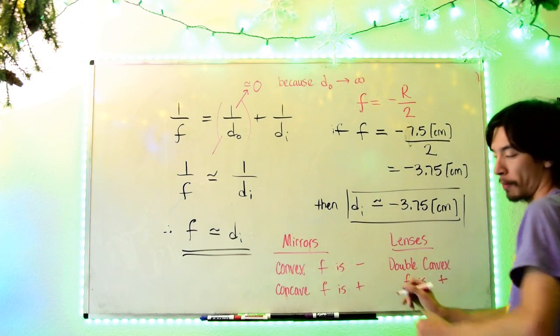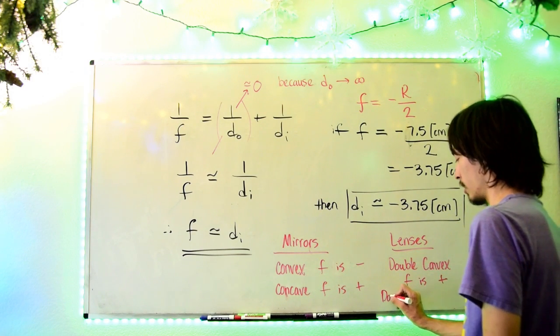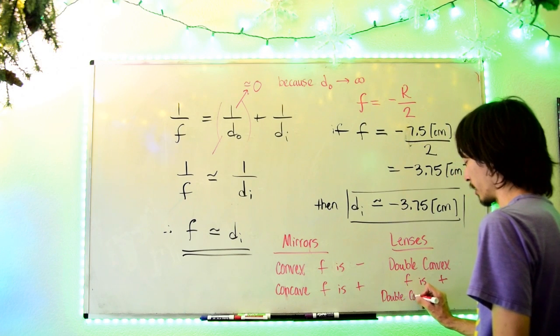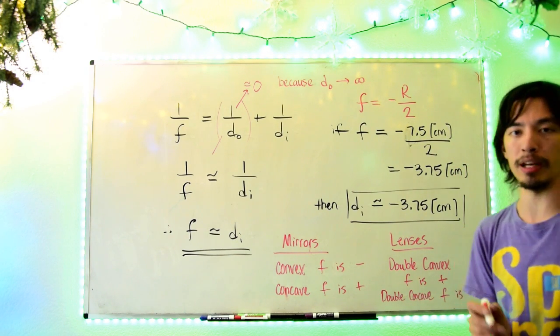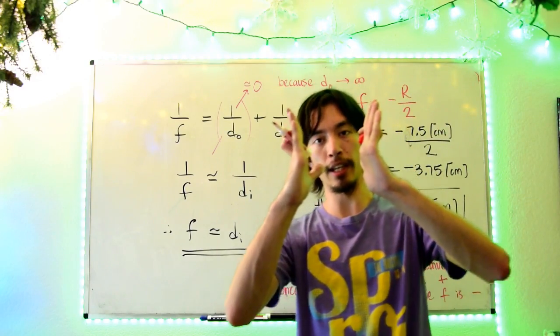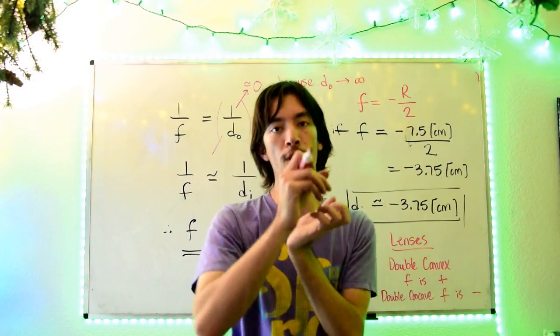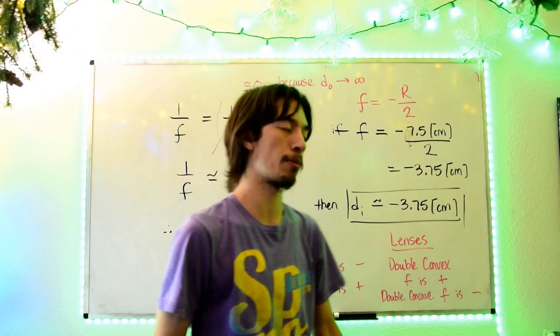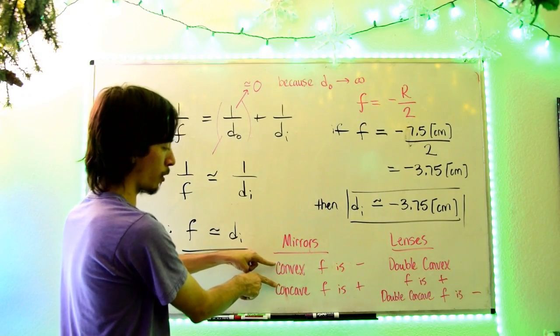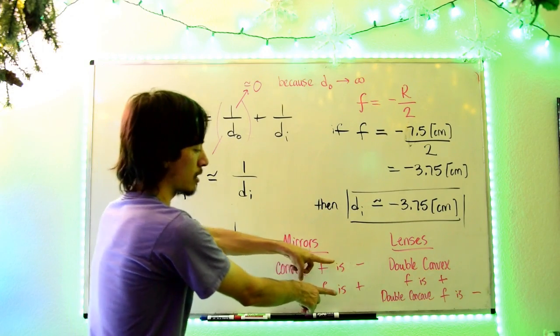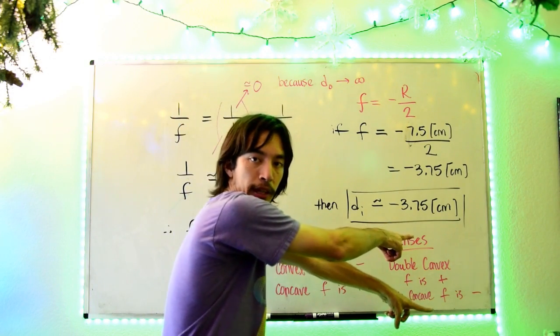So you have to be careful. And then the double concave, the focal length is negative because double concave lenses actually spread rays apart on the other side, so it's a diverging system, and that makes it a negative focal length. So note the words convex and concave and how the signs are actually switched for lenses.